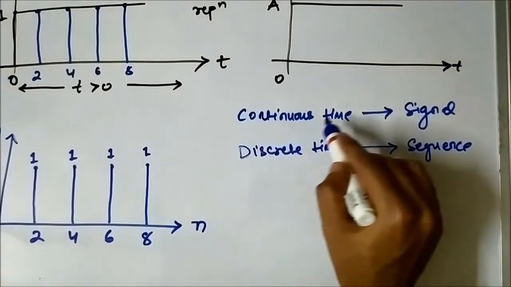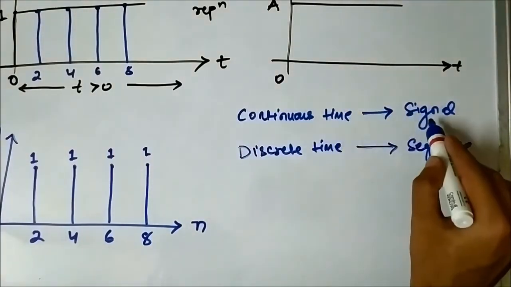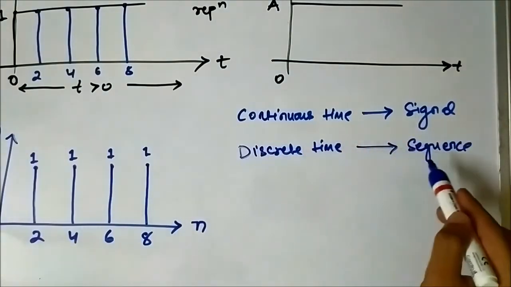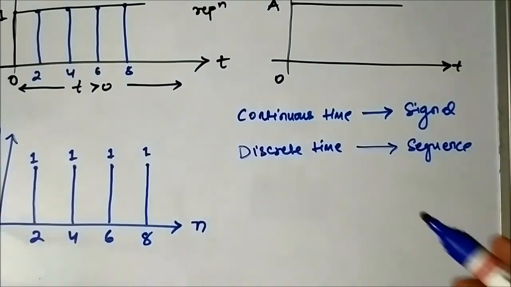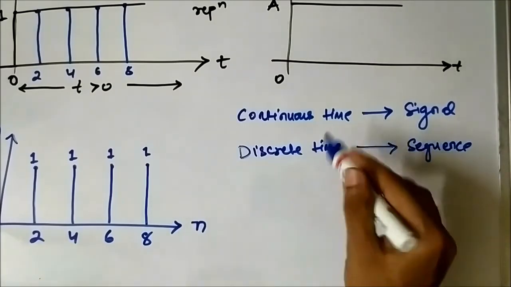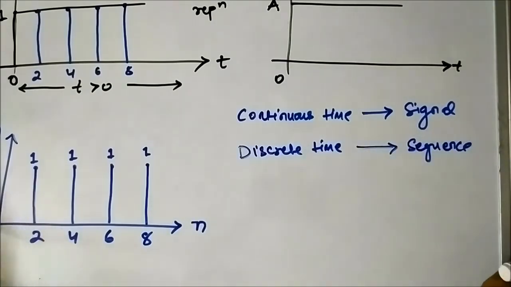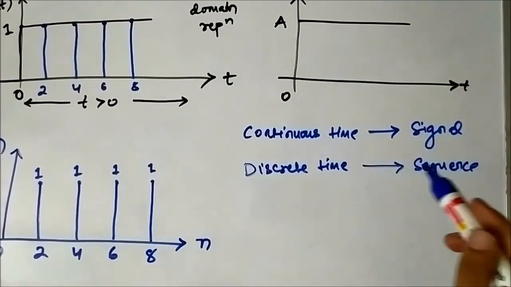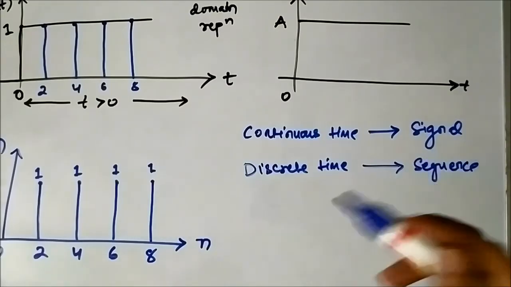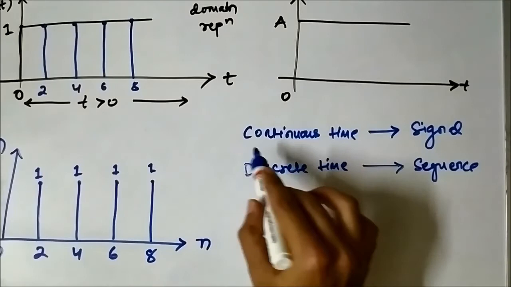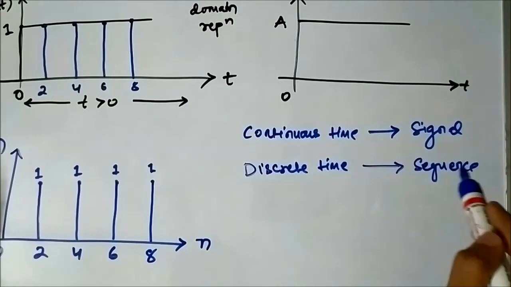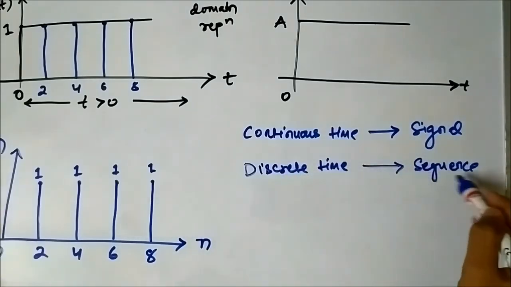Signal represents continuity, so in continuous time it will be called a signal, and in discrete time it will be called a sequence. If by some mistake you call it a discrete time signal, it's not a big deal, but still you should say discrete time sequence and continuous time signal. I think by mistake I have also called it a discrete time signal sometimes, but always remember that it is called a continuous time signal in the continuous time domain, and in the discrete time domain it is called a sequence.